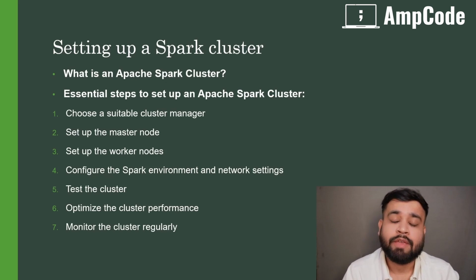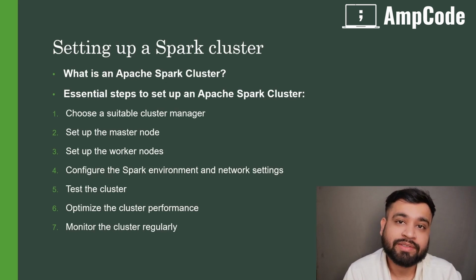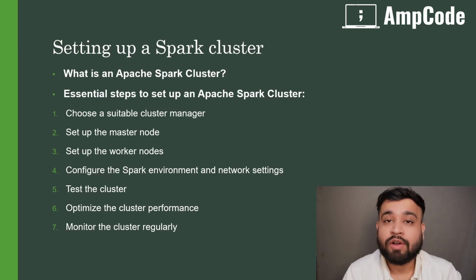Let's say you already have a Hadoop ecosystem in your organization and your organization is leveraging Hadoop tools. Then you can integrate it easily with Apache Spark and use YARN, which is yet another resource negotiator, for running and managing your Apache Spark.